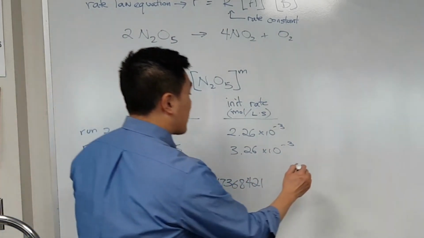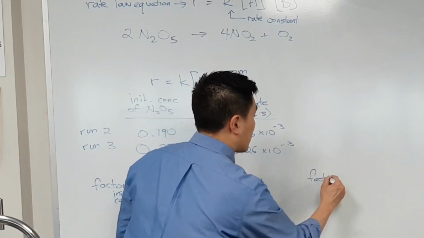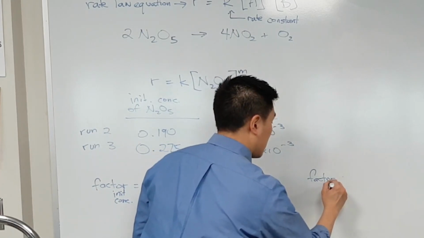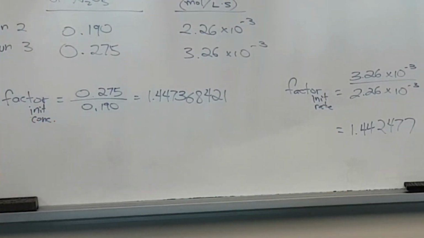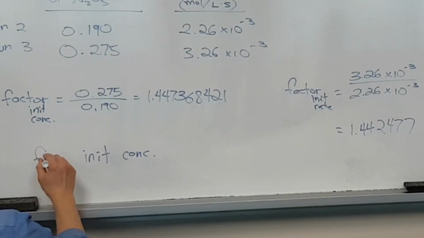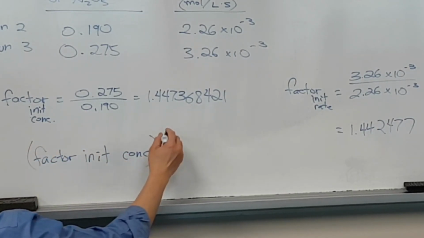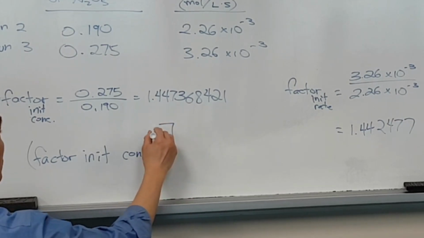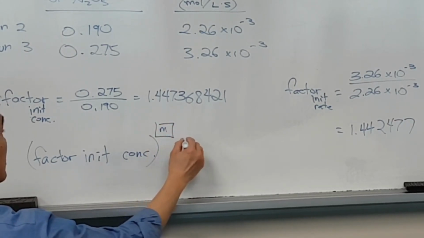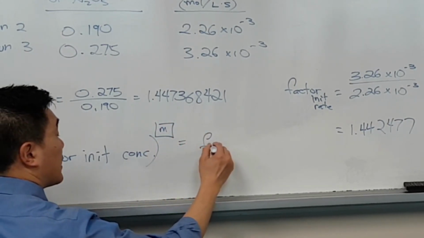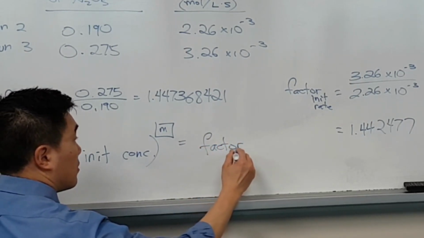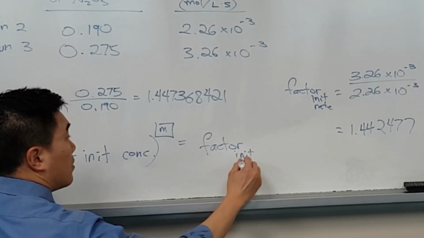And now we're going to find the factor for the initial rate. Okay, it's almost the same. It's just like that. Factor of the initial concentration to the power of some number is equal to the factor of the initial rate. This is where I use the logarithm.